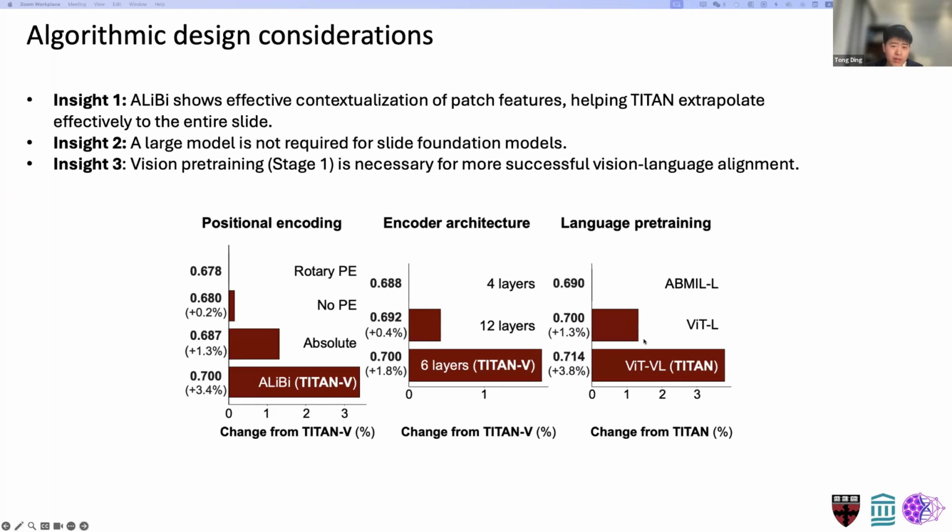And lastly, we show that the vision pre-training is necessary for more successful vision language alignment, as shown in the comparison of using all of the 3 stages as compared to using the last 2 language alignment stages only.